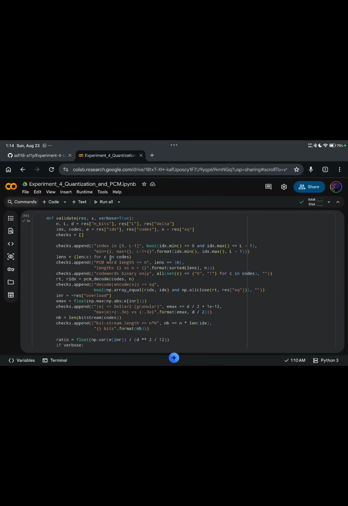Encoding and decoding produce the same quantized signal. The granular error is no greater than delta by 2.